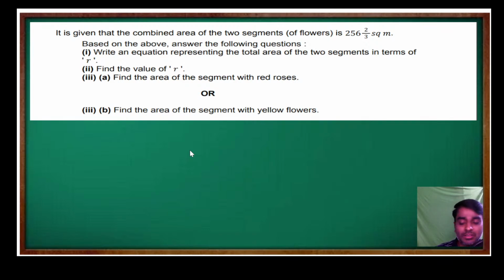Okay, then we'll take one more hour at 9 p.m. also. So we'll do like this only every Sunday. 1 hour morning, 1 hour evening.